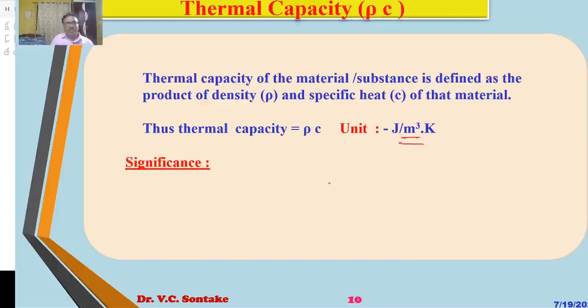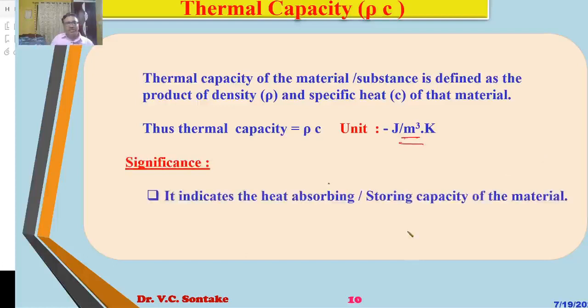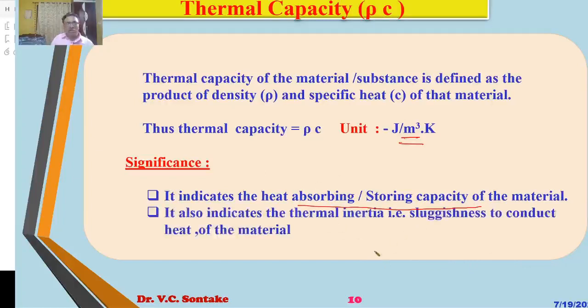Significance of thermal capacity: it indicates the heat absorbing or storing capacity of the material. The more the heat absorbing capacity, the more the thermal capacity. It also indicates the thermal inertia or sluggishness of the material to conduct heat. For example, copper.